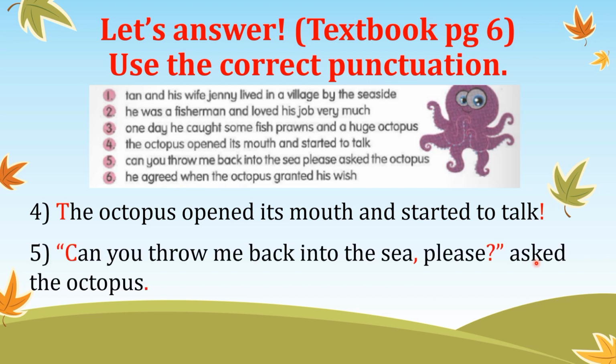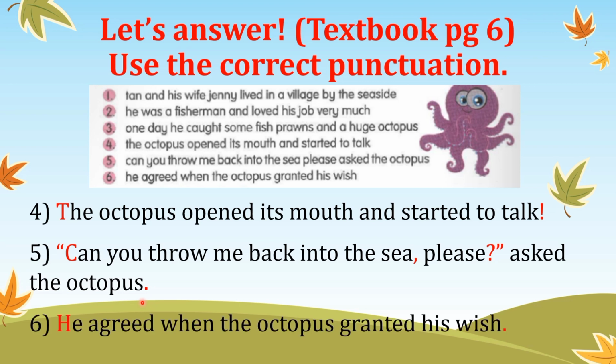So number 5, can you throw me back into the sea, please? Asked the octopus. We use quotation marks here, and a capital letter. And lastly, he agreed when the octopus granted his wish.